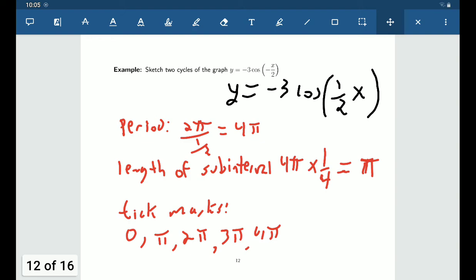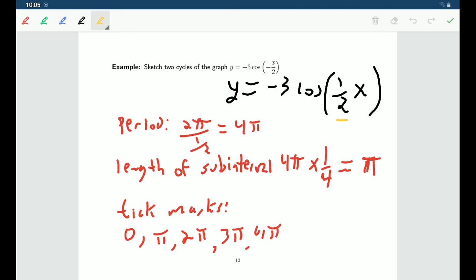Starting from dealing with the symmetry of our graph first, rewriting it as cosine half x rather than negative half x, using this to find our period of 4 pi, chopping our period into 4 equal-sized pieces to find out how long each subinterval is. Each subinterval is pi units. And then from that, we can find our tick marks, always starting with 0 and each time going up by pi.